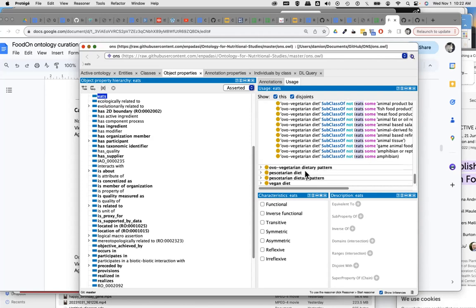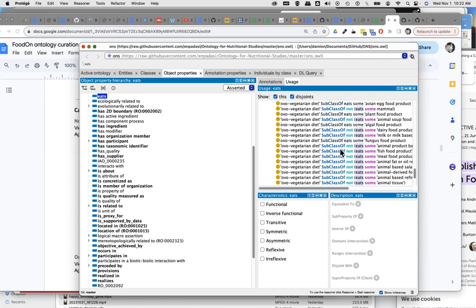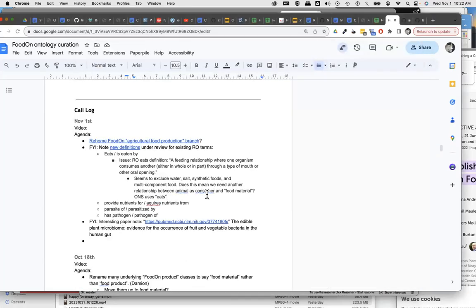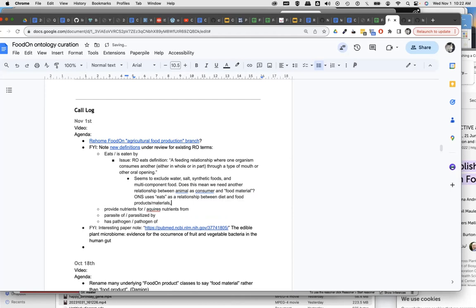So I'll make a note as well that ONS has this diet term that needs some relationship to the products. I would say diets only need to reference the foods as a member.